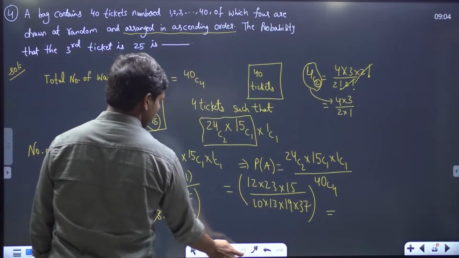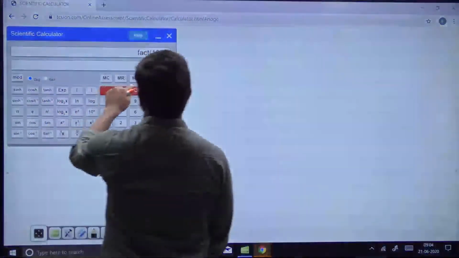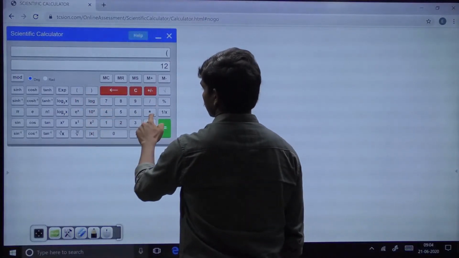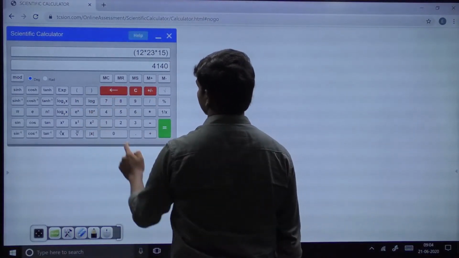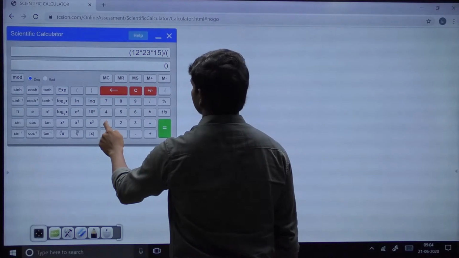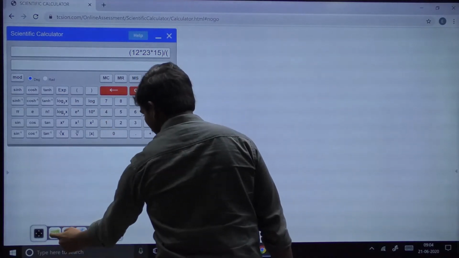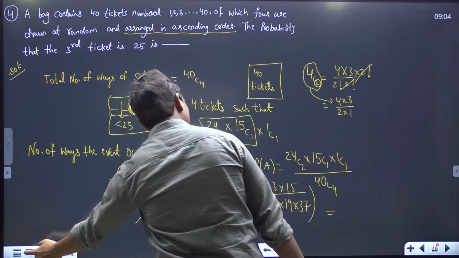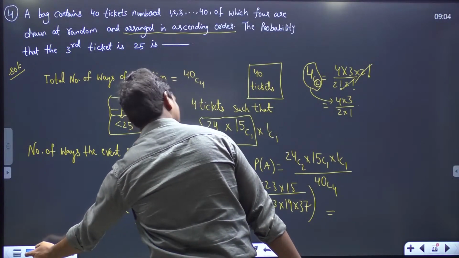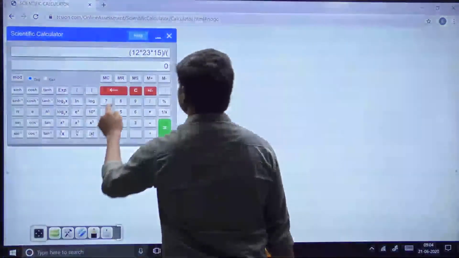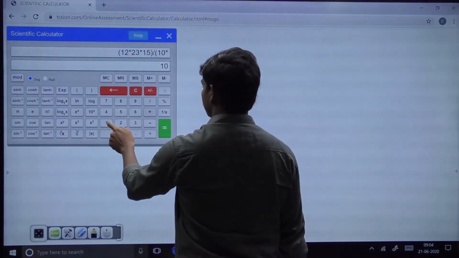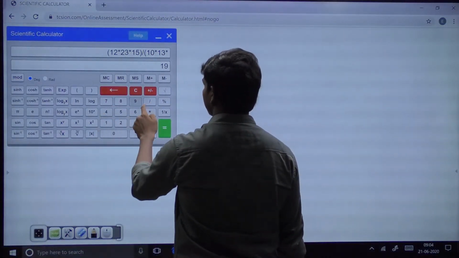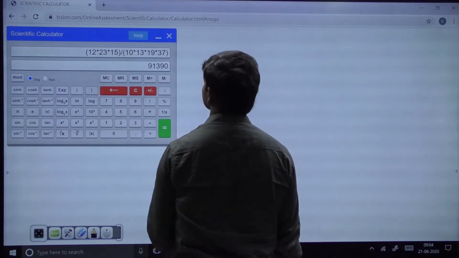12, 23, 15 divided by the numbers that we have here: 10, 13, 19, 37. So this is the value.